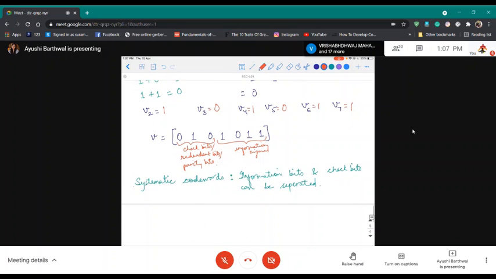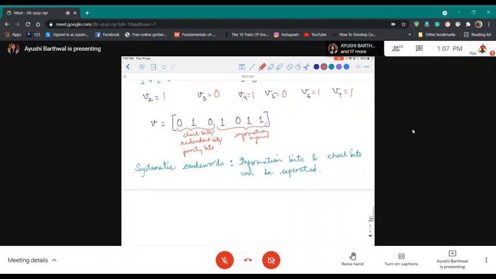Now this is the valid code word that we have sent. Now how will the receiver know that this is the valid code word? For that it has to check parity. The generator matrix is used to generate the valid code word. There is a parity check matrix which is common to the transmitter and receiver.